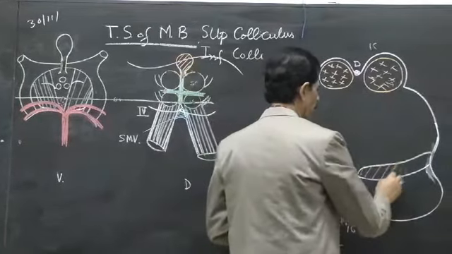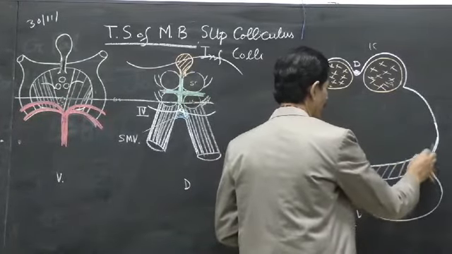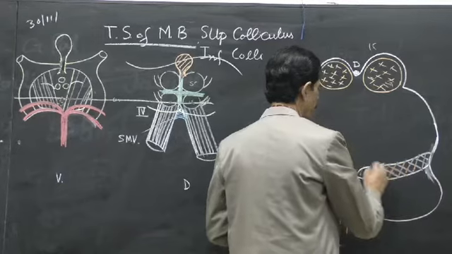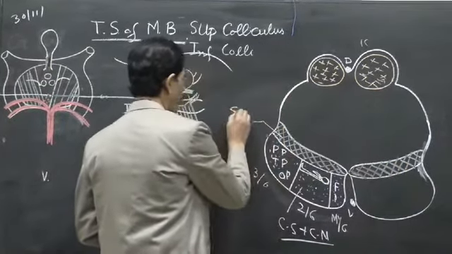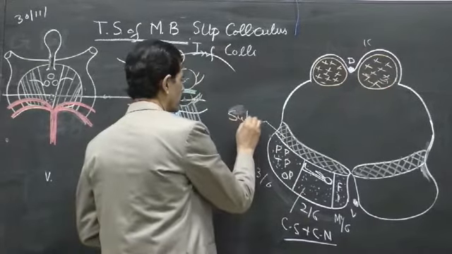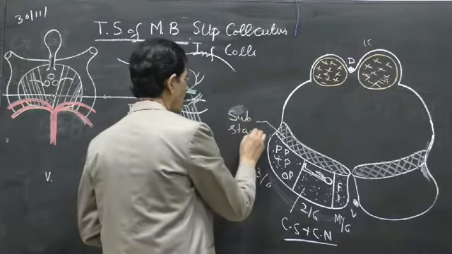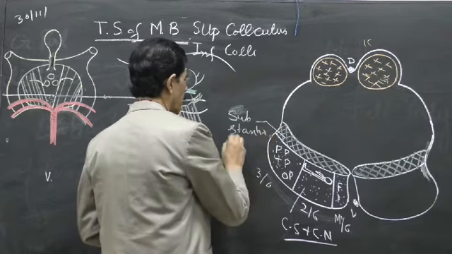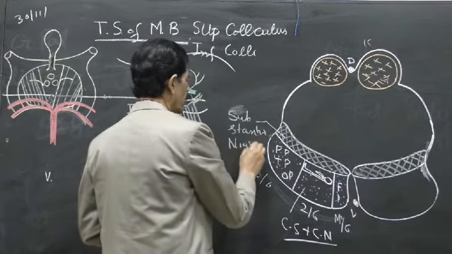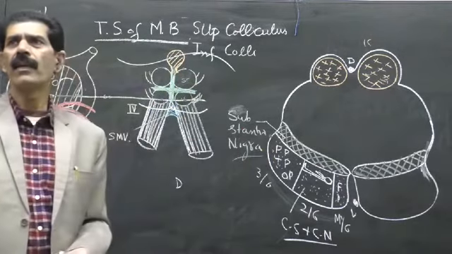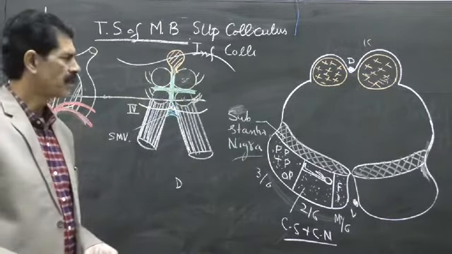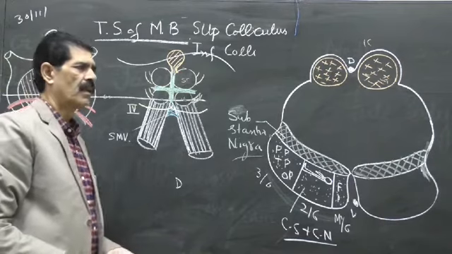These pigmented neurons give the grayish or black color to this strip of gray matter, which is called substantia nigra, because the cytoplasm of these neurons contains black melanin pigment, which gives the black color.